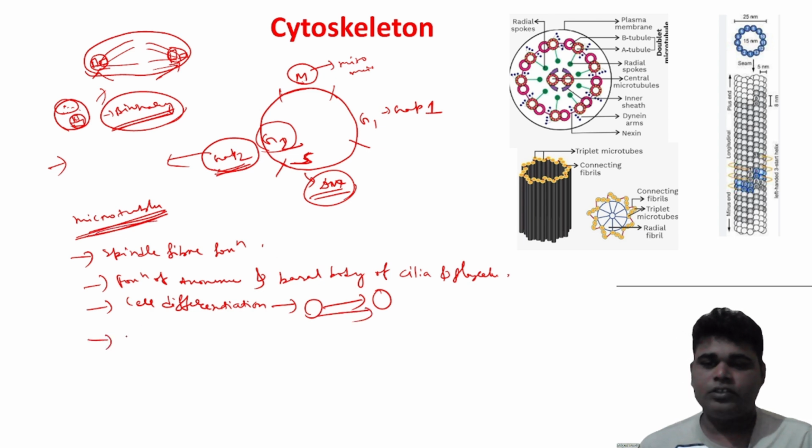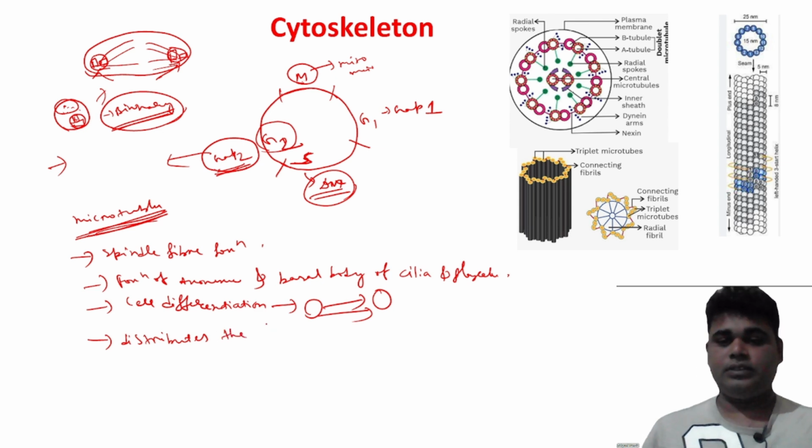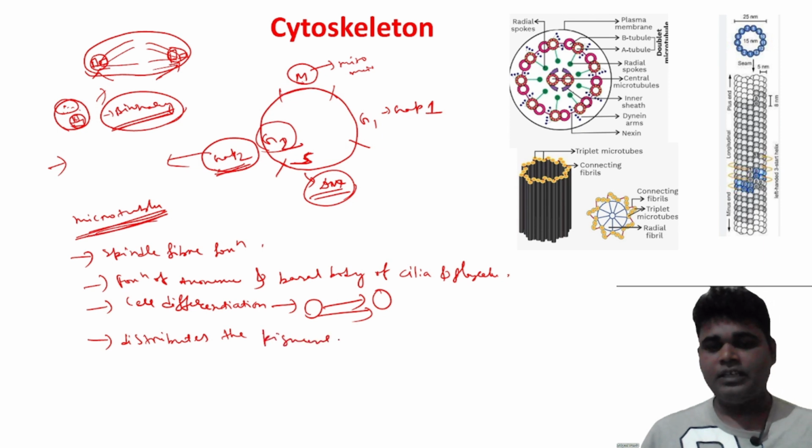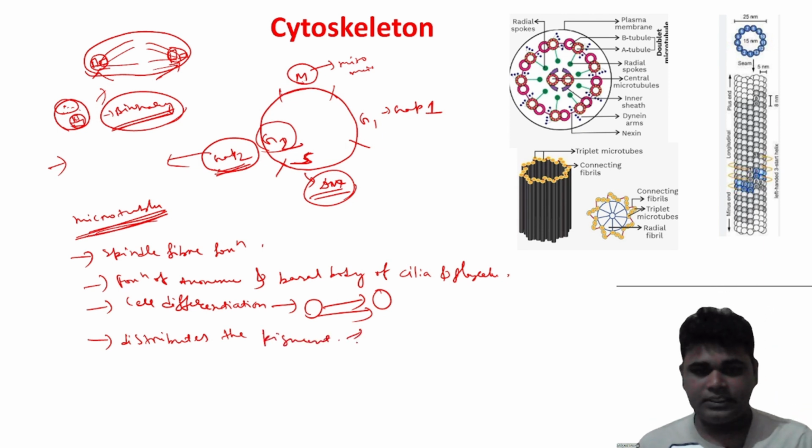Another is that it distributes cell pigments, for example the chloroplast or the melanocyte. It also helps in cell movement.